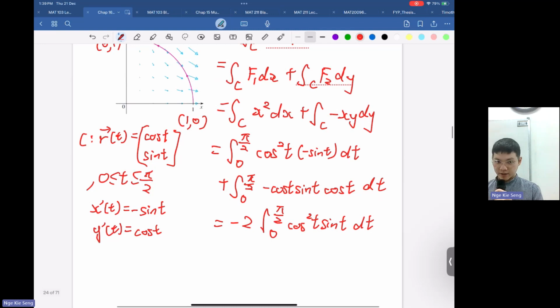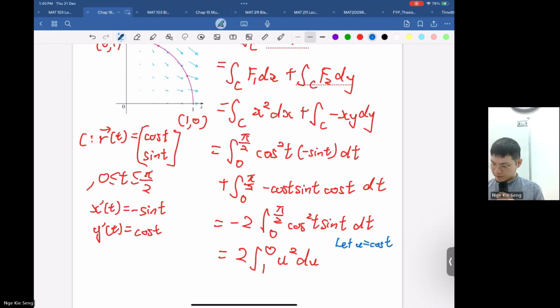Then you get 2 integrating from 1 to 0. Again, this becomes 2 times u cubed over 3 from 0 to 1, which is negative 2 over 3.